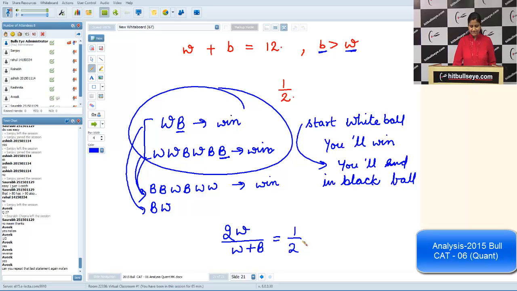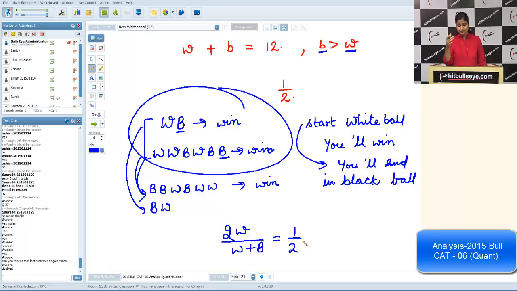Yes, Avik. Once again, I'm saying whenever you are starting with the white ball, you will win definitely. And if you are starting with the white ball, obviously the last ball should be black, as you can see in the example I have written.